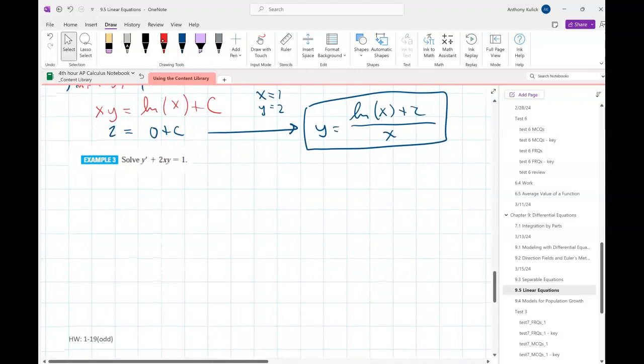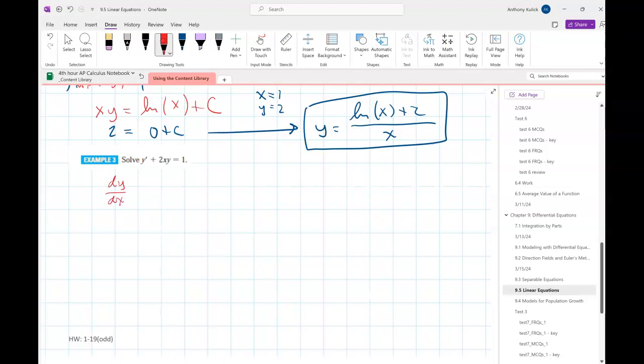All right, let's do one more. So this one I noticed right away is already in linear form, right? So my I of x is going to be e to the integral of 2x dx. So e to the x squared.